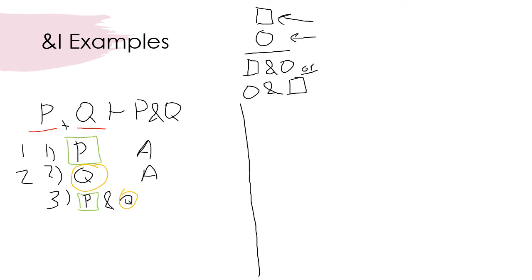We got a Q. Where does the P come from? It comes from line 1. Where does the Q come from? It comes from line 2. What is the rule that we're using? We're using ampersand in because we're putting them together. What we're doing is we're putting an ampersand in between the two things that we found previously in our proof.